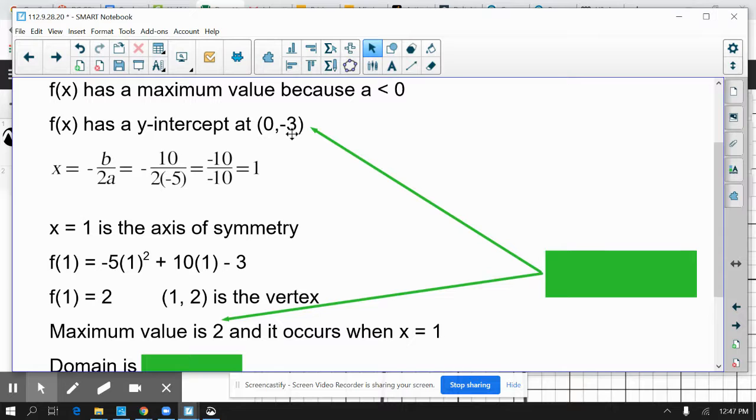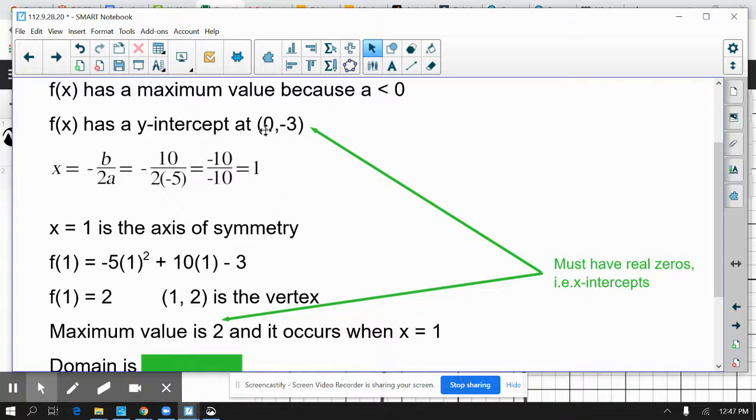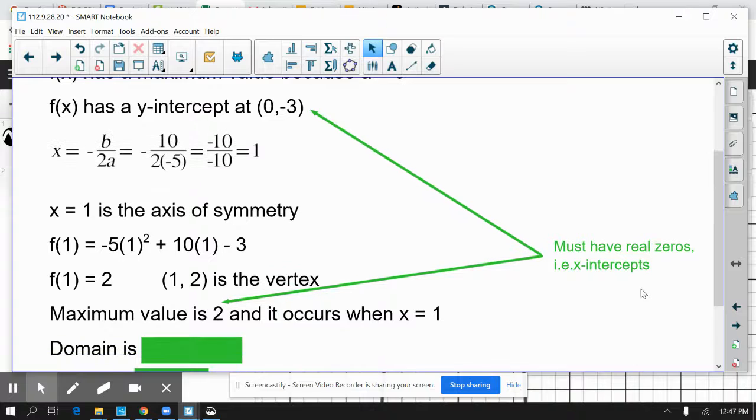Well, that means that at some point, I must have crossed over the x-axis, right? That tells me that there are x-intercepts. There are real zeros. Again, because your maximum y value is 2, but you have a y-intercept of negative 3, at some point you cross the x-axis, telling you that you've got x-intercepts.